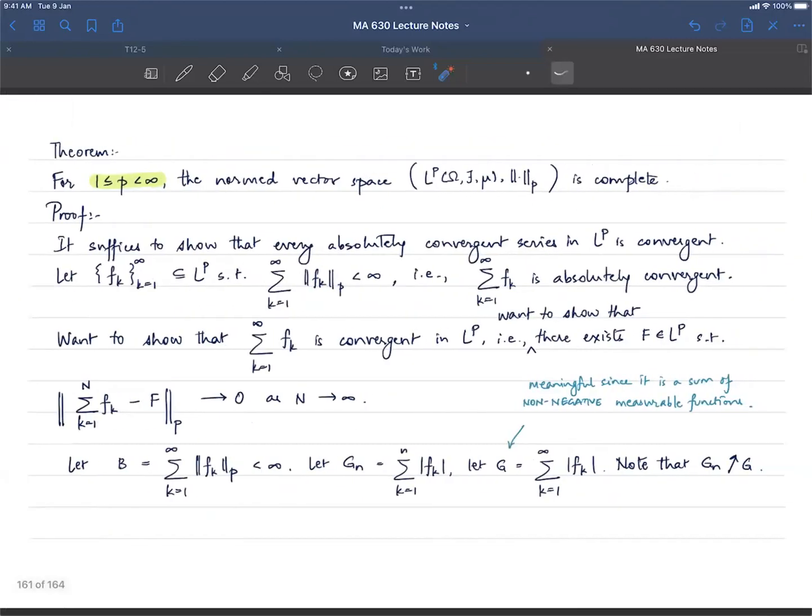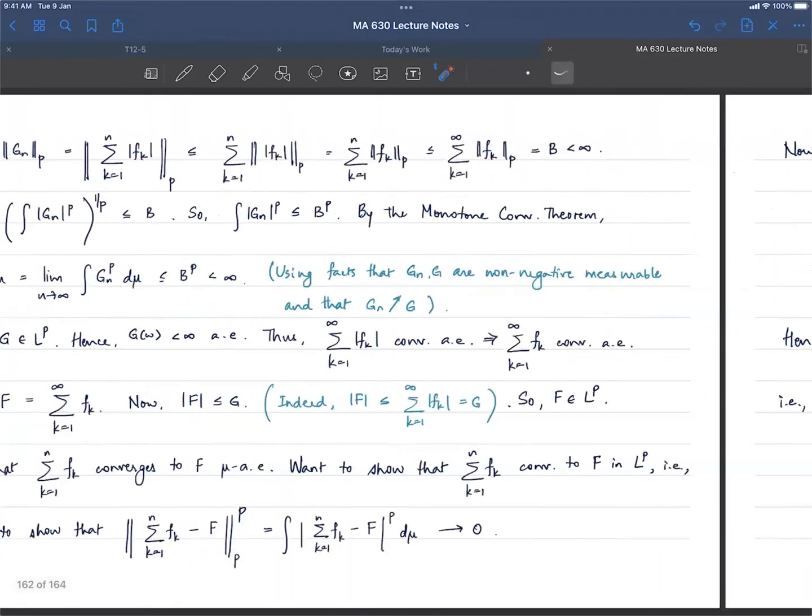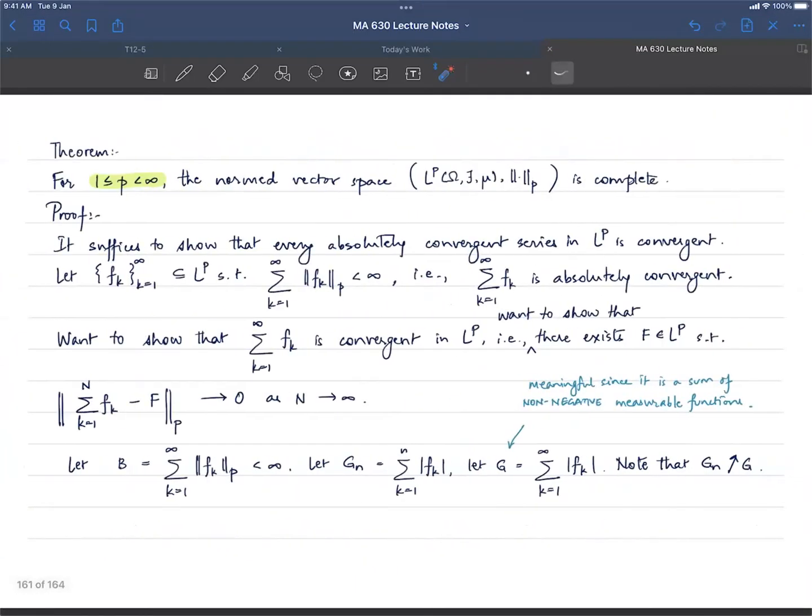All right. So here's what I'm going to do. I'm going to just do the proof for P less than infinity. So suppose 1 less than or equal to P less than infinity. I'm saying that for 1 less than or equal to P less than infinity, the normed vector space LP of omega, F, mu together with this norm is complete.